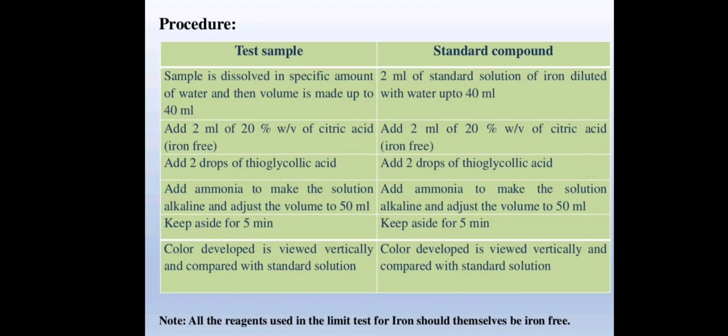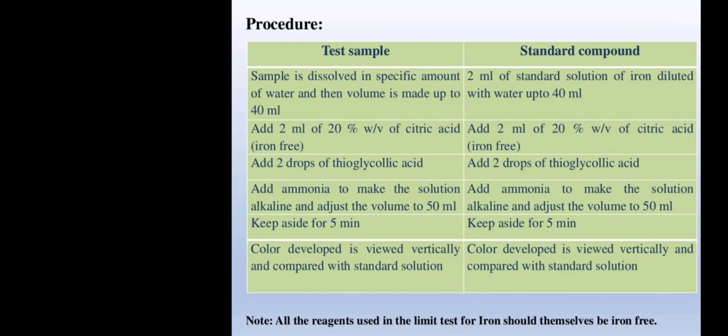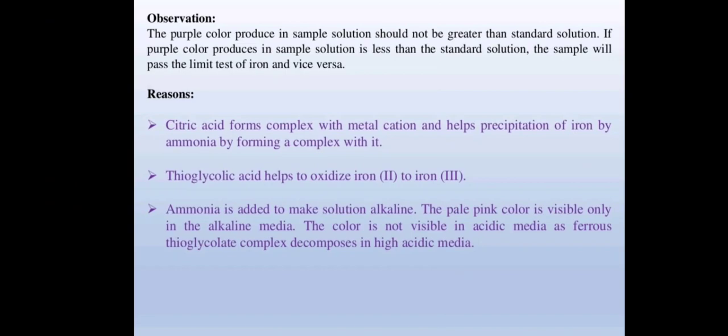Then stir well and allow to stand for 5 minutes. Then place the two Nessler cylinders close together and view transversely against a proper background. If the intensity of purple color in the test is less than that of the standard, the sample passes, otherwise the sample fails. That is the limit test for iron.